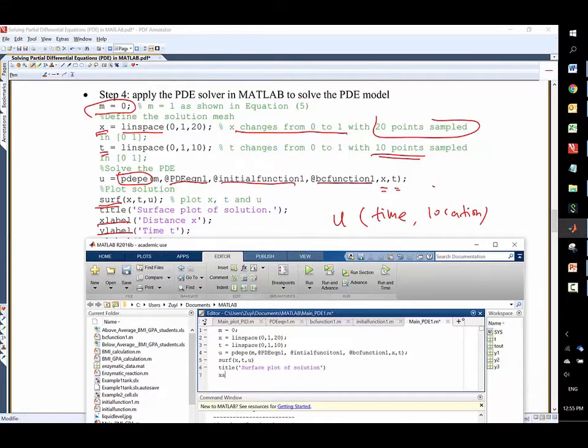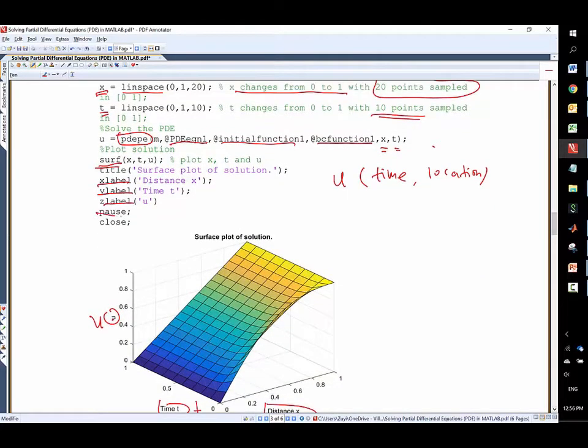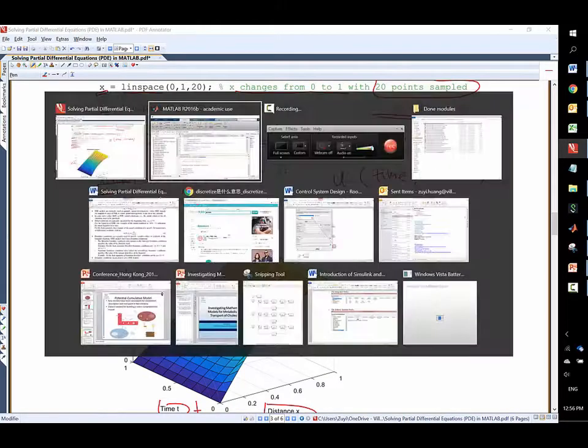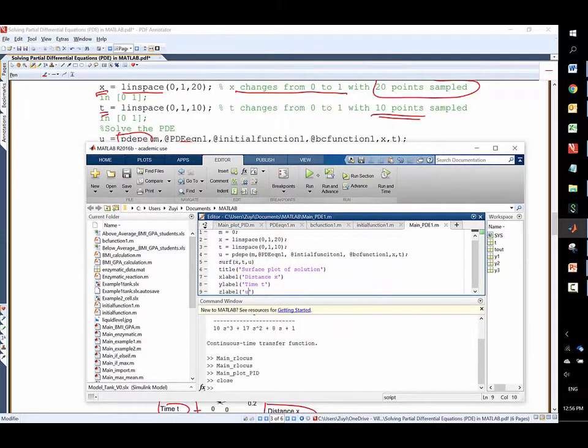Then S label equal to distance x, Y label equal to time t. And the last one is Z label. Pause means waiting for the keyboard, and then if you do anything, the figure is closed. Anyway, you don't have to put it in. So this Z label, you get U. Okay, just save it, and then you could run it.